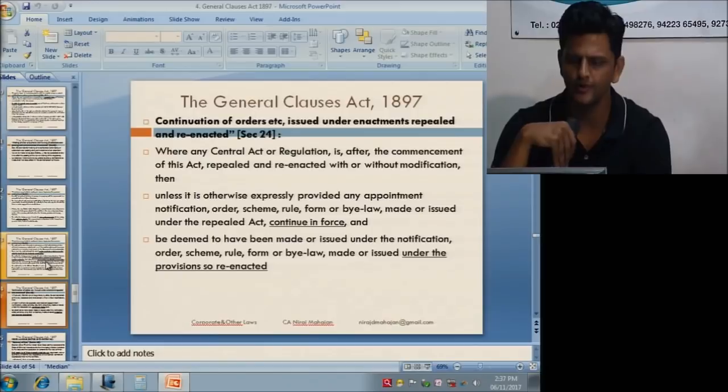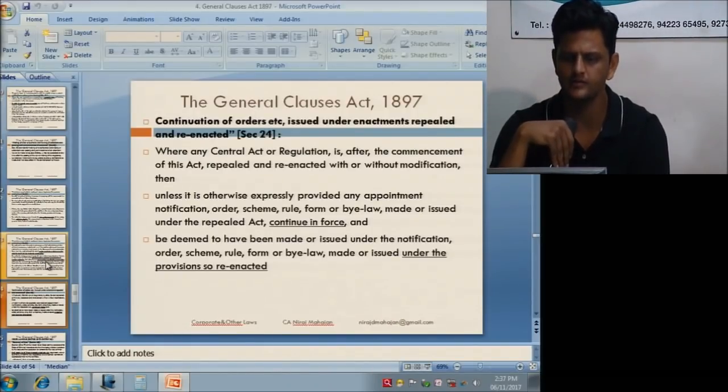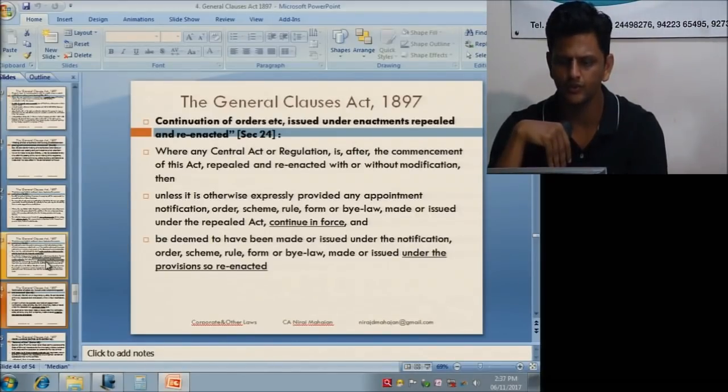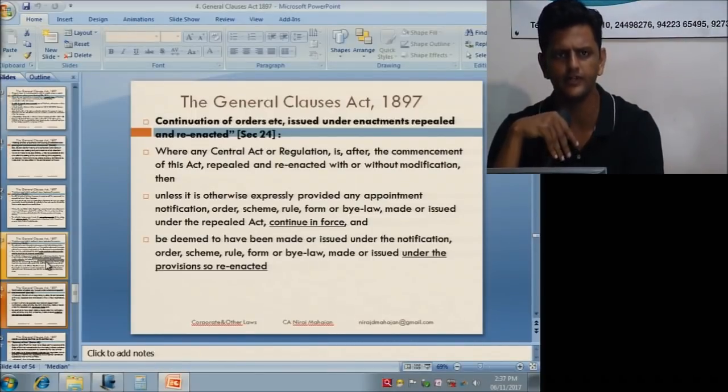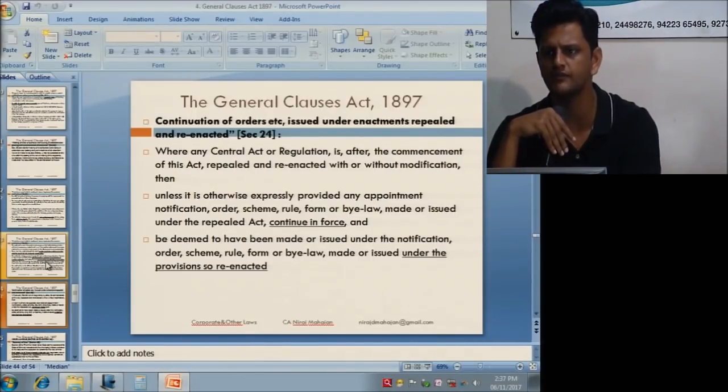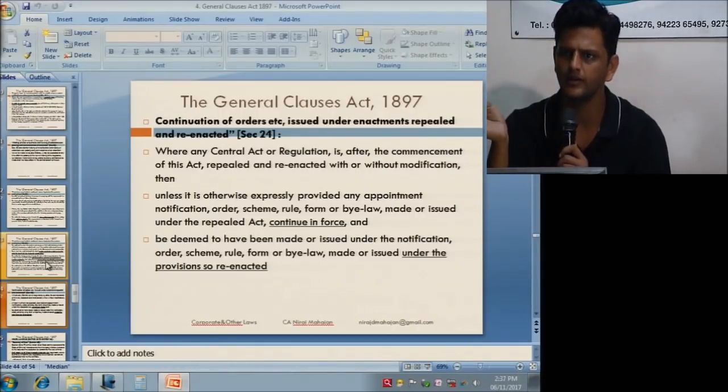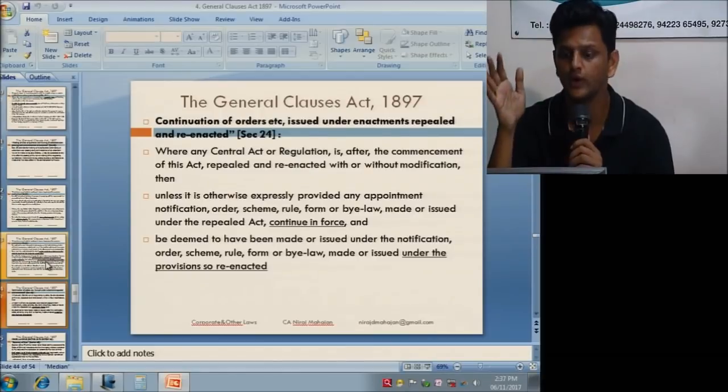Unless otherwise expressly provided, any appointment, notification, order, scheme, etc. issued under the repealed act continues in force and shall be deemed to have been made or issued under the corresponding provision so reenacted. That means whatever rules, regulations, and forms were given in your repealed act will continue when that act is again reenacted. So you had an act, you had the regulations, etc.